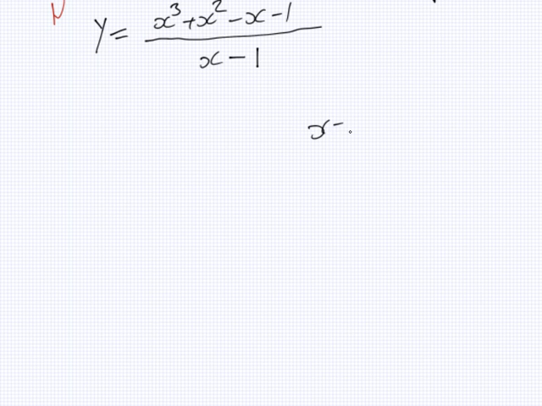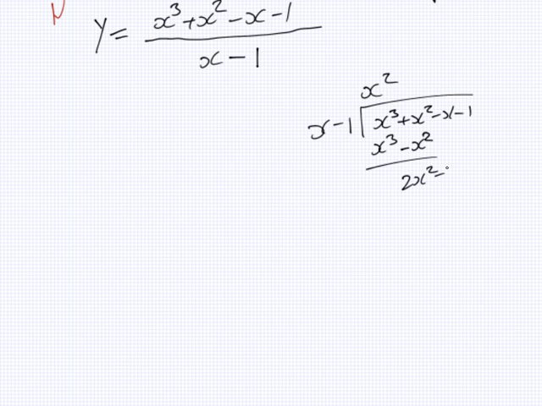x minus 1 divided into x cubed plus x squared minus x minus 1. So first we have x squared, x cubed minus x squared. Subtracting, that's 2x squared minus x minus 1, right? Plus 2x. No, 2x squared minus 2x.